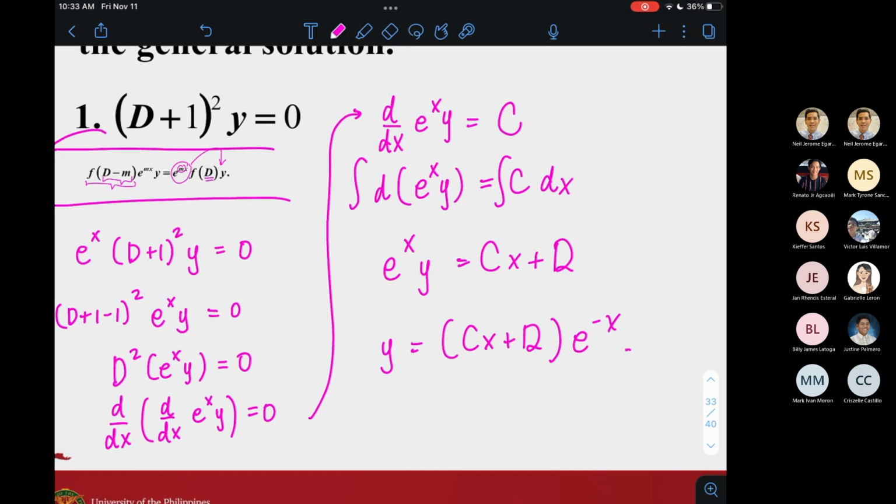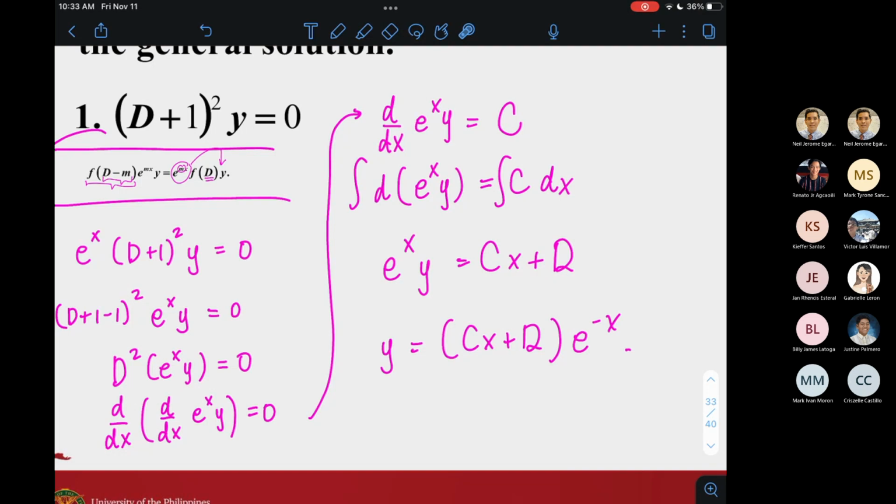All right. Now, there's a shortcut here. You can say, at this point, second derivative daw ng e to the x y ay equal kay 0. Kailan ba ang second derivative nagiging equal kay 0? Nagiging 0 lamang ang second derivative kapag ka meron kang linear polynomial, right? So that's why si e to the x y dapat siya ay linear polynomial. Kasi nga, ang second derivative niya ay laging equal kay 0. Mga linear polynomials lamang ang may property na laging 0 yung kanyang second derivative.